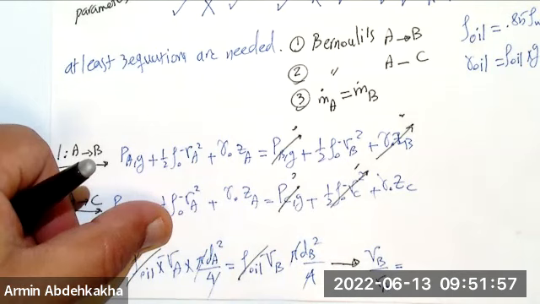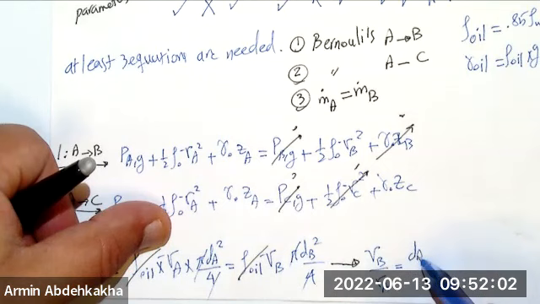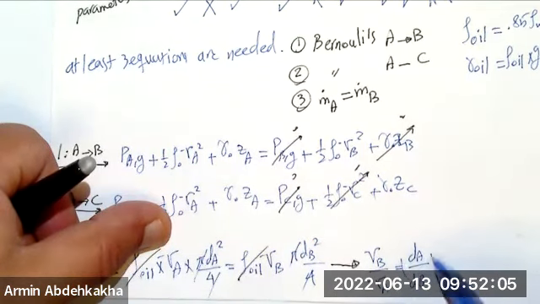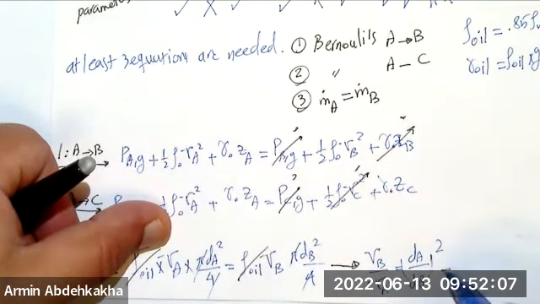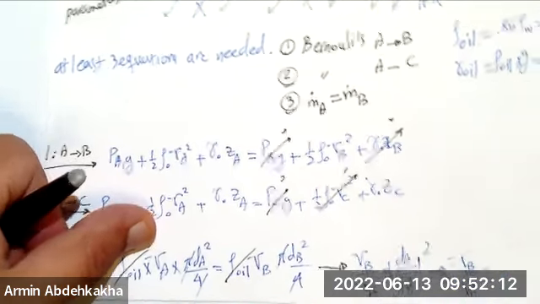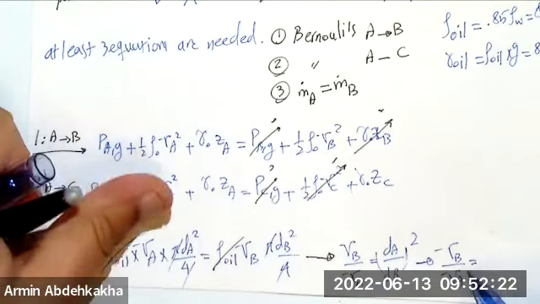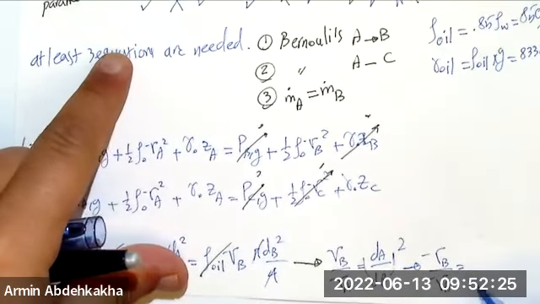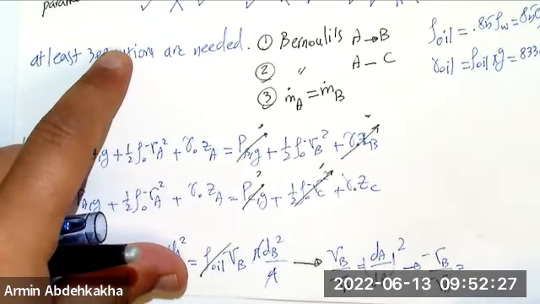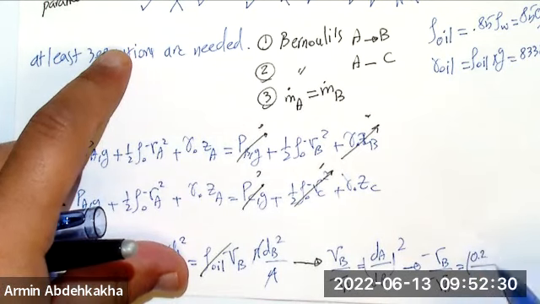Okay, V_B over V_A is d_A squared over d_B squared, so V_B over V_A is equal to (d_A over d_B) squared. d_A is 0.2 and d_B is 0.1.